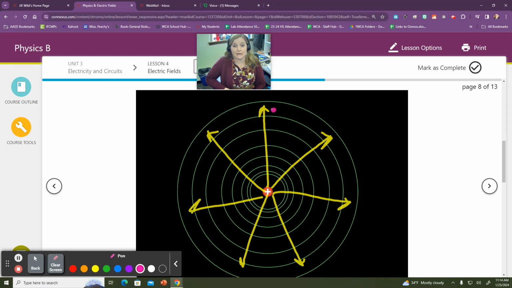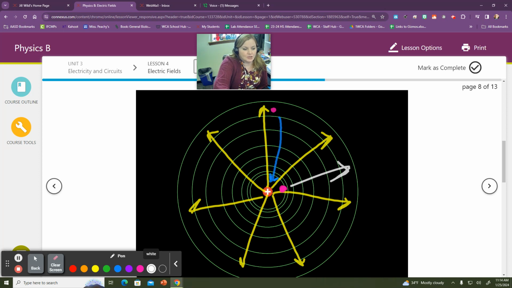It wants to be far away. So to do work on that, I have to push it and force it to go over here. So if my test charge is closer to that positive field generating charge, it has a position of greater potential energy because it naturally wants to be farther away. So this is where it actually has a greater potential energy. If I were to let go, this thing would fly away, right?